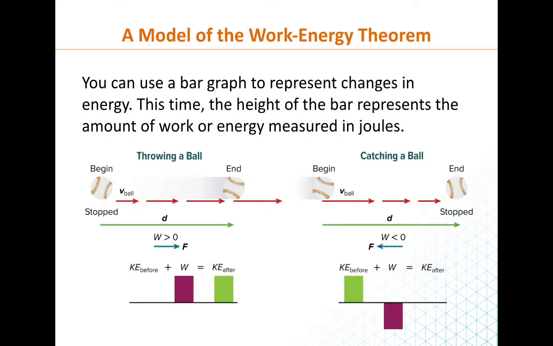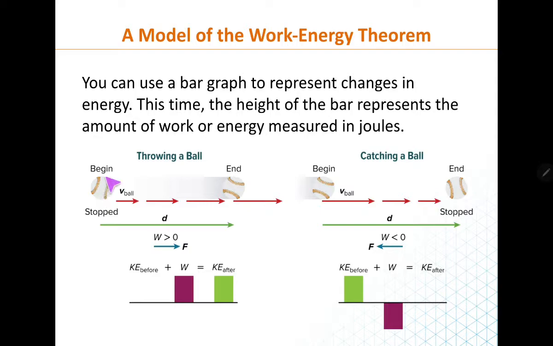You can use a bar graph to represent change in energy. This time, the height of the bar represents the amount of work or energy measured in joules. So here we have a ball. This is the first picture. A ball was at rest, and after that the ball moved until here.